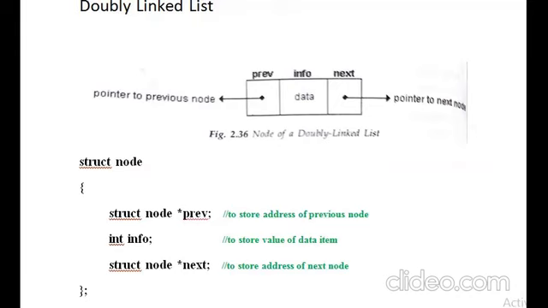A variation to this was the use of circular linked list, where we use the address of the head node or the first node at the address part of the last node, so that after reaching the last node we can again go back to the first node.